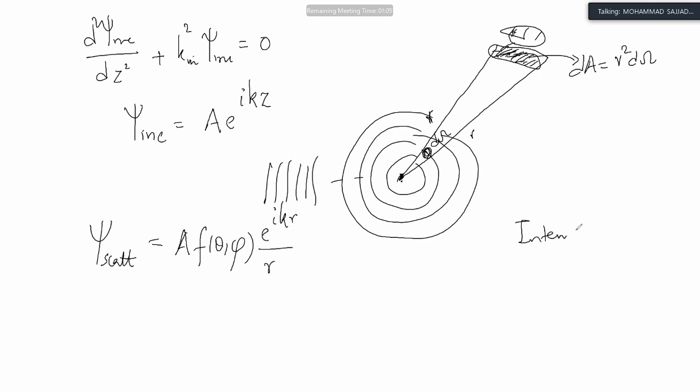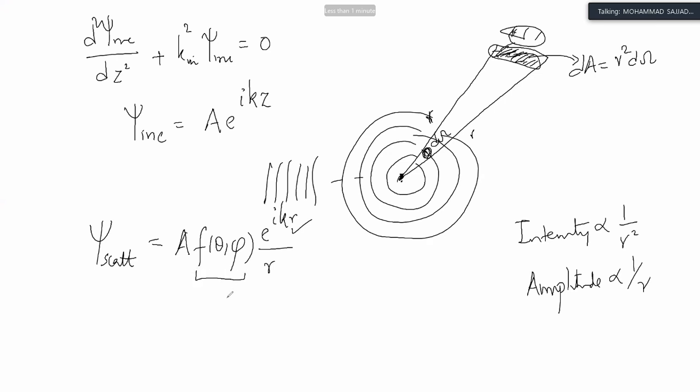Because intensity is inversely proportional to the distance square, and that means the amplitude is proportional to 1 over r. We have to reconnect to this very soon. Amplitude is inversely proportional to r. Intensity is proportional to 1 over r square. This is typically a spherically outgoing wave.